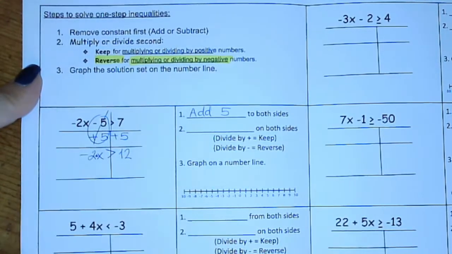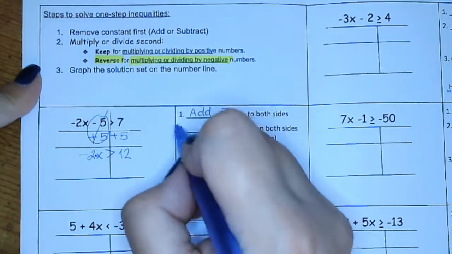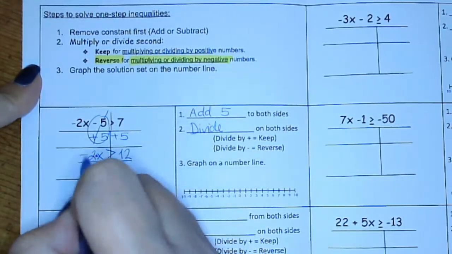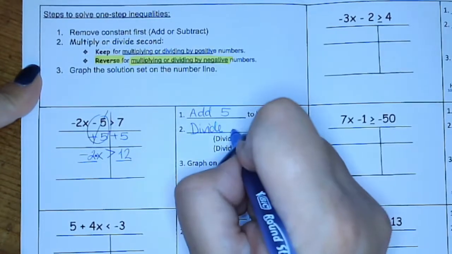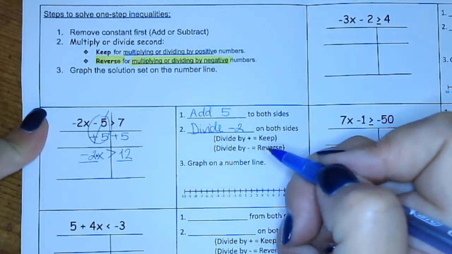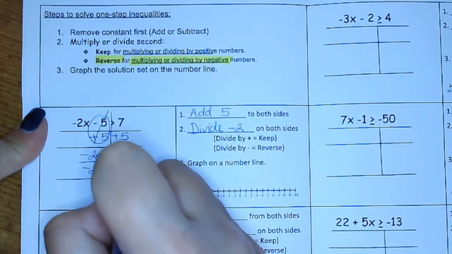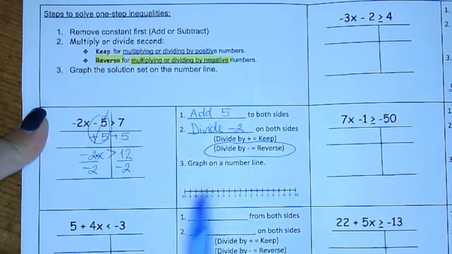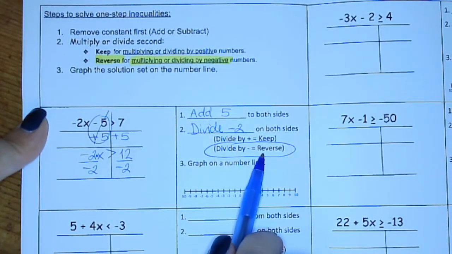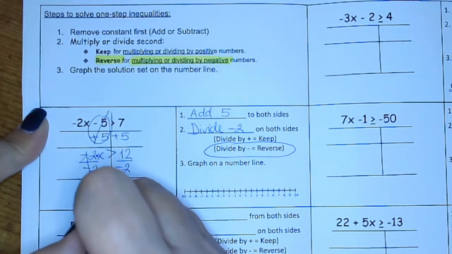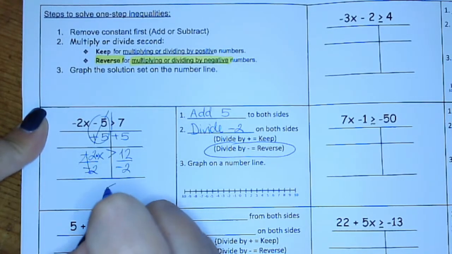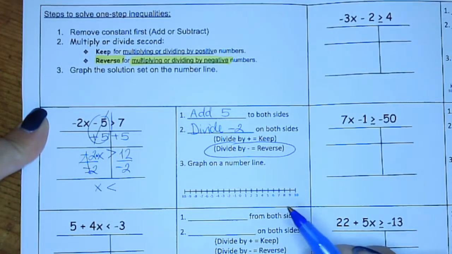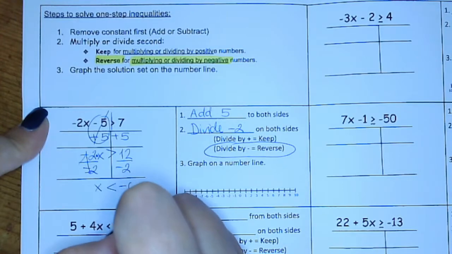Negative 2x means multiplication. Inverse operation is division. And when you divide, you always have to divide by the same number the variable is multiplied by. So dividing by negative 2. Dividing by negative 2 on both sides, we reverse the symbol. So dividing by negative reverses the symbol. So this greater than symbol turns into less, and then 12 divided by negative 2 is negative 6.